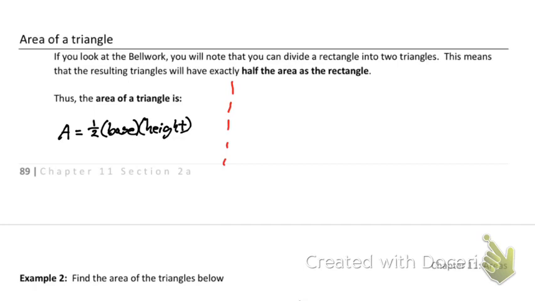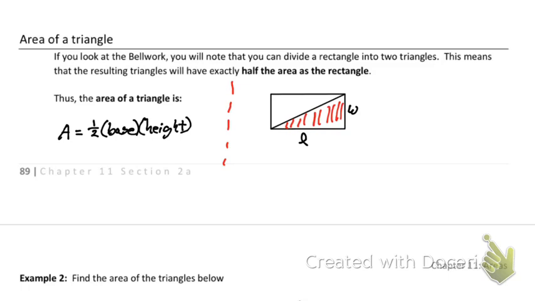If you ever have a rectangle, the area is length times width, but if I draw a triangle in it, that's half the size of your rectangle. A triangle will always be half the size of a rectangle you draw around it.